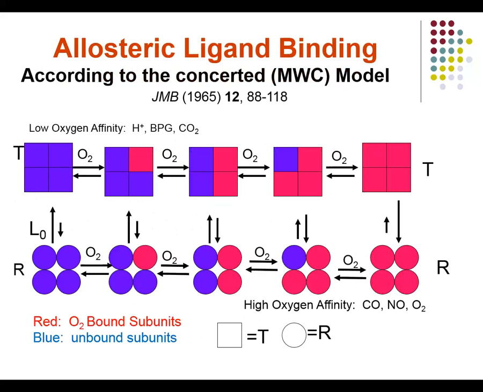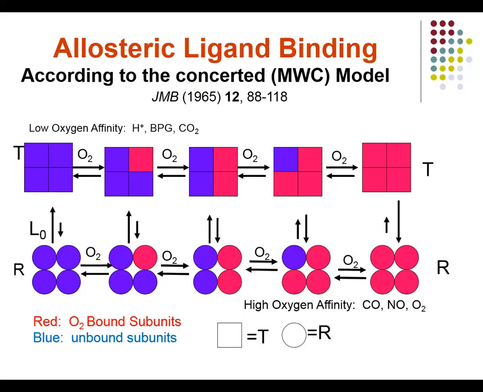In this particular model, it's presumed that there are 2 energetic states: a low oxygen affinity T state, which is shown as a square, and a higher oxygen affinity R state, which is shown as a circle. In the absence of ligands, which is blue, the population tends to be mostly T state and not R state.